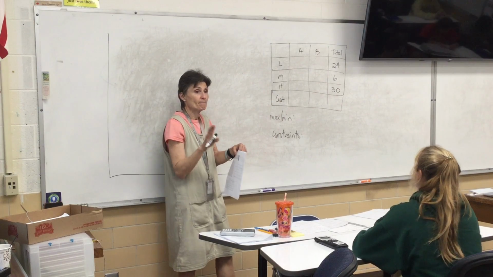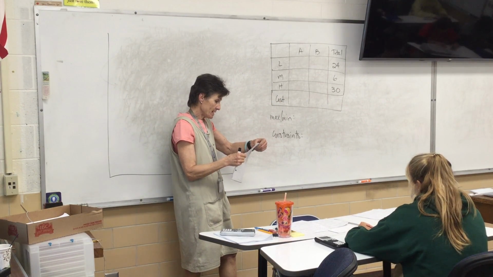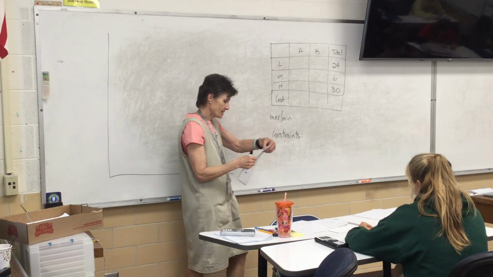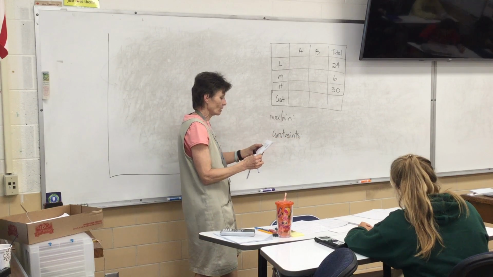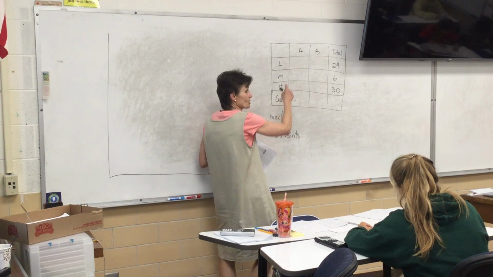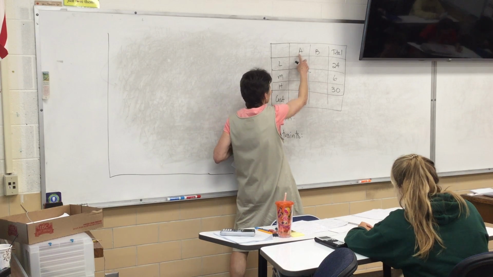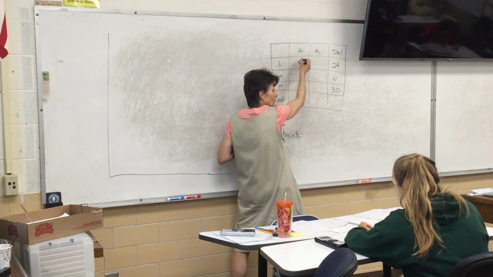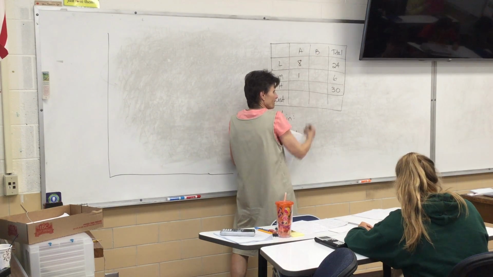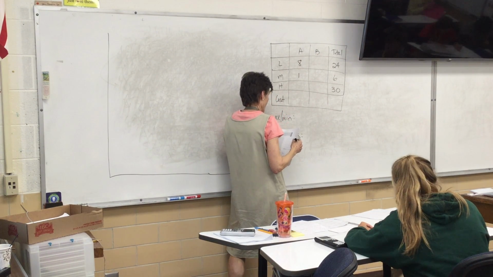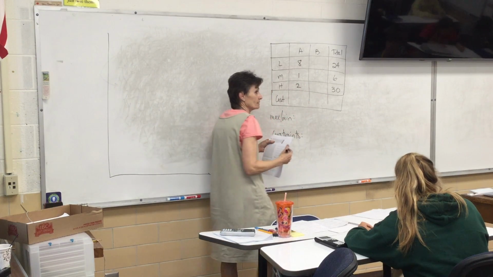Everybody okay with that? All right, the next number I see is factory A produces 8 tons of low grade. So factory A, 8 tons of low, 1 ton of medium, and 2 tons of high.